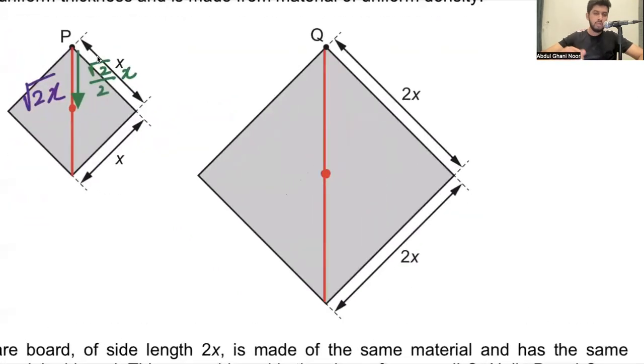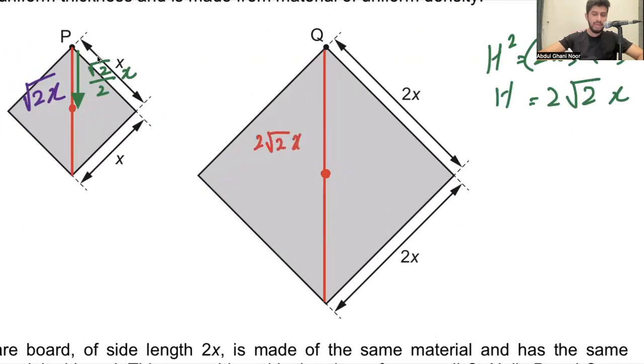In the same way, I'll do this for the second one. h squared is equal to 2x squared plus 2x squared. So h is equal to 2 root 2 x. You do this in your calculator, skip the x, you get 2 root 2. So this entire length is 2 root 2 x.